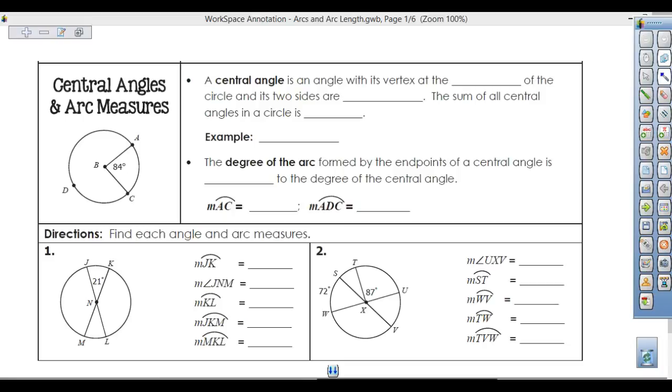A central angle is an angle with its vertex at the center of the circle, and its two sides are radii. And that's just plural for radius. Okay? What's the sum of the circle? 360 degrees.